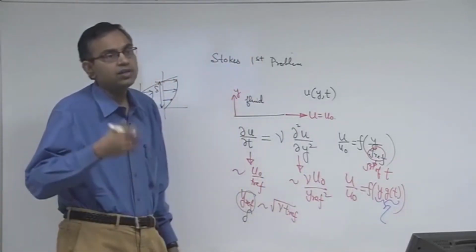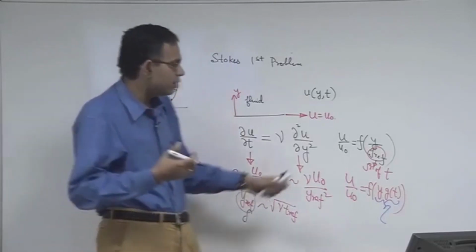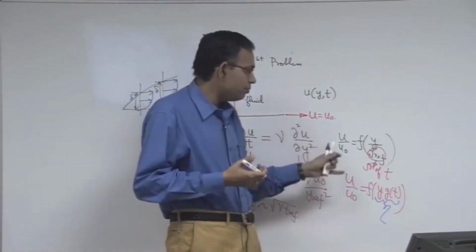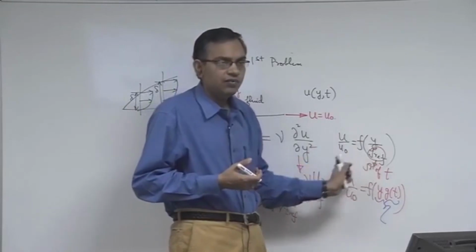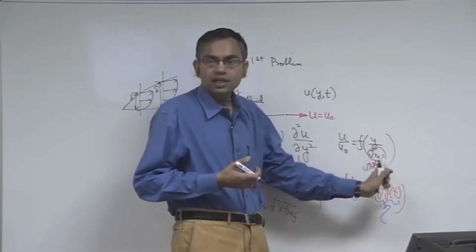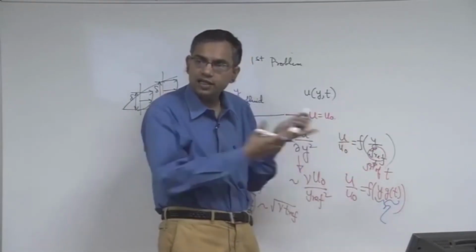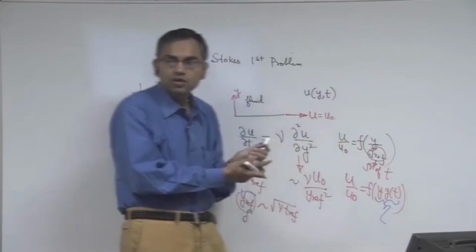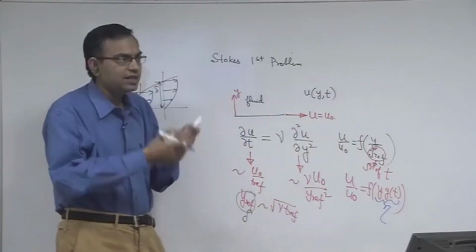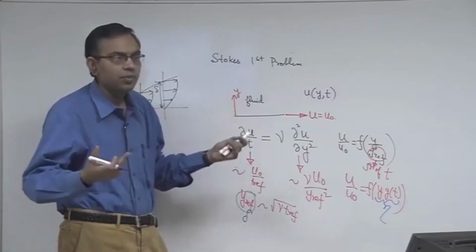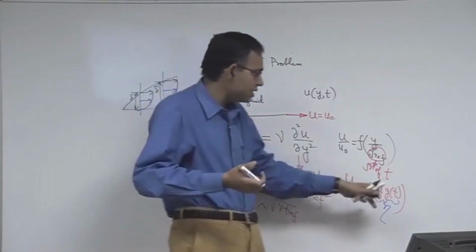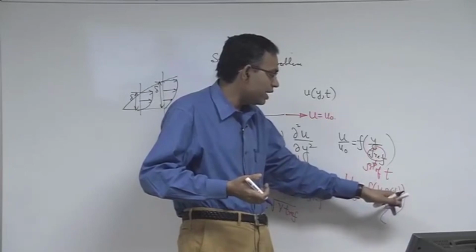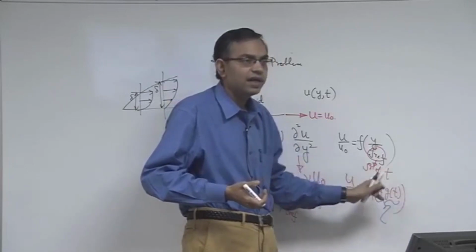Question is, is it always true? Is it always possible to cast this type of PDE into the form of an ODE like this? It depends on the physical situation at hand. In this physical situation it is possible. There are situations when that may not be possible, but here the physics is driving us towards this kind of variable separation.